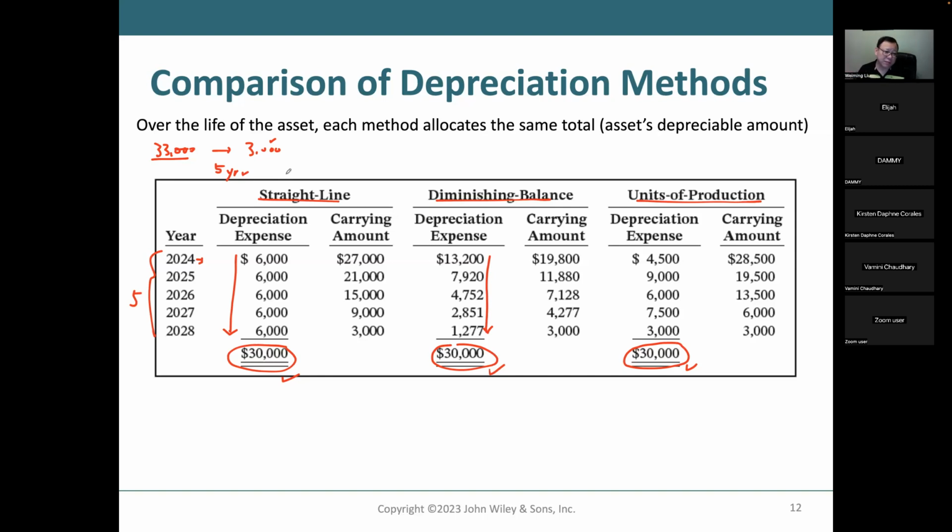So the thing is, maybe in 2025, you already recognized $6,000. But then at that time, something happened.